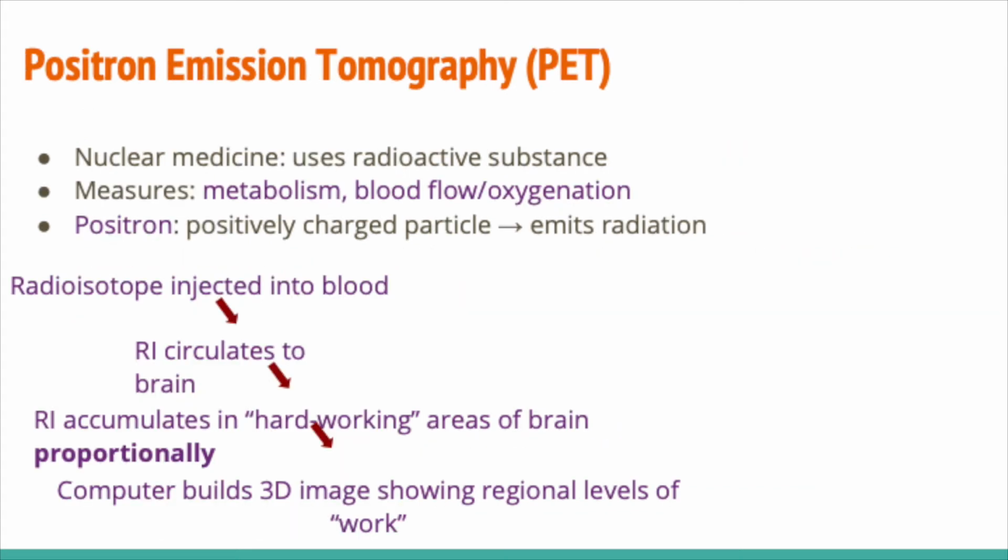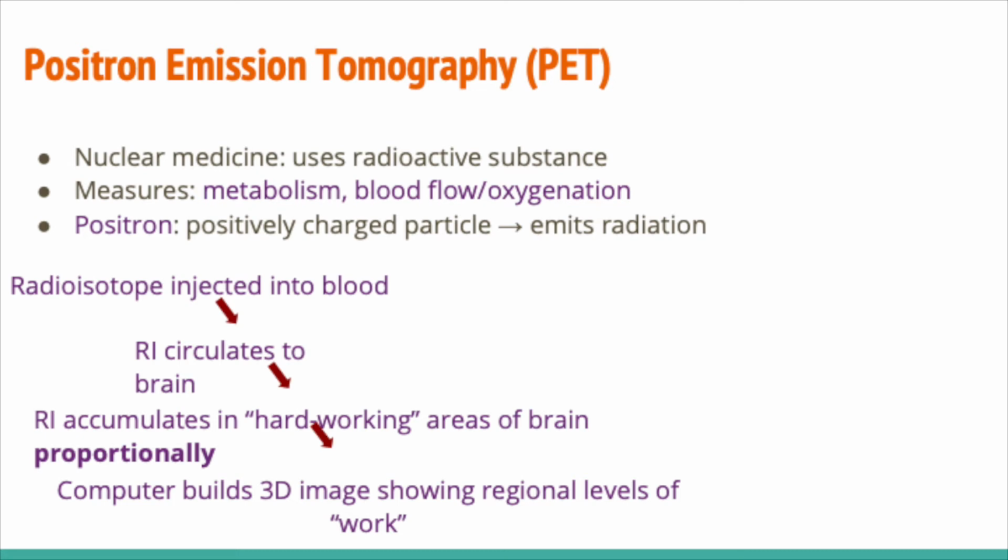The second type of imaging that is used to learn more about patient brains is positron emission tomography, or PET scans. The way that these work is that they measure metabolism, blood flow, and oxygenation of the brain. They use radioactive substances, specifically a positively charged particle called a positron, that emits radiation.